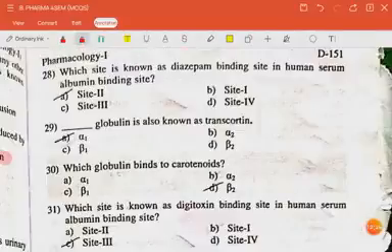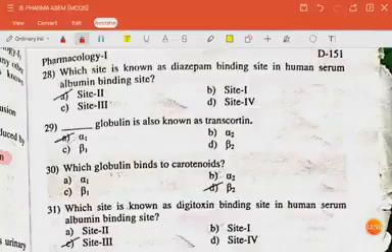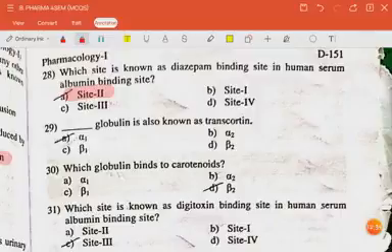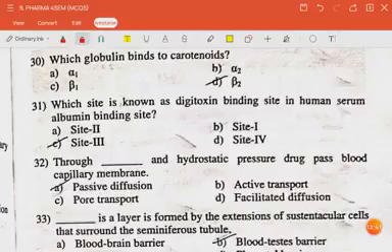Question: which site is known as diazepam binding site in human serum? Albumin binding site 2. The next question is, dash globulin is also known as transcortin, alpha 1. Next question is, which globulin binds to carotenoids? Beta 2. The next question is, which site is known as digitoxin binding site in human serum?